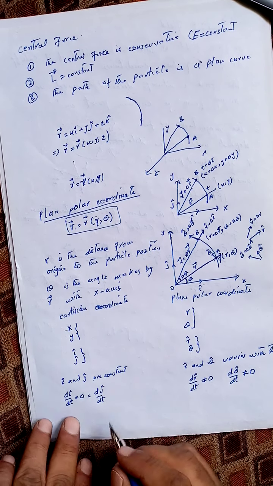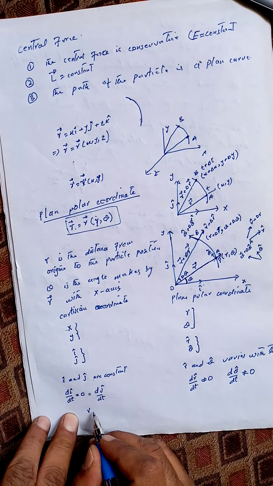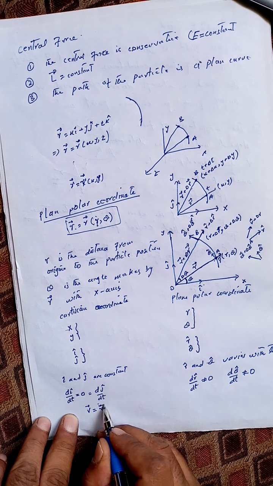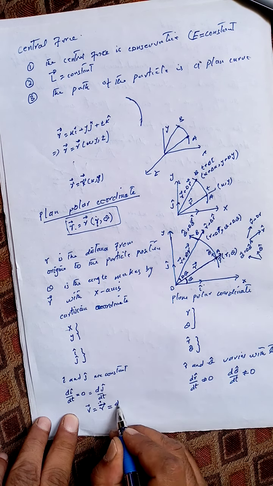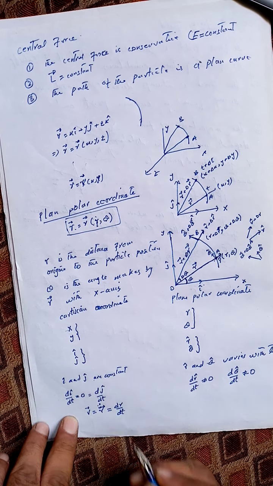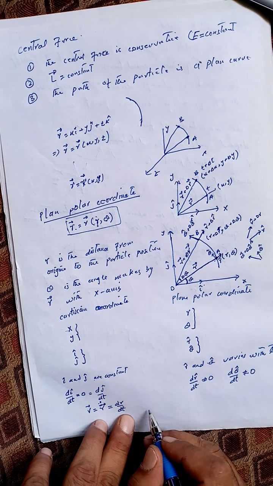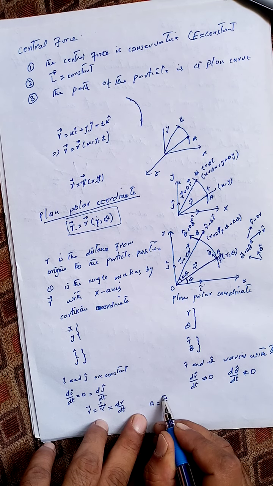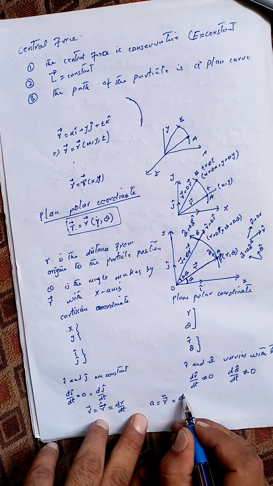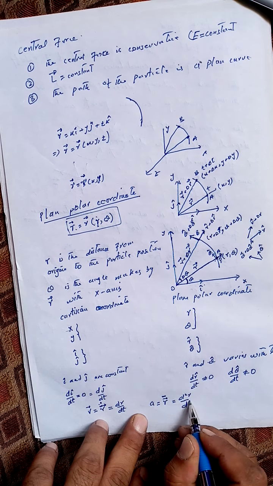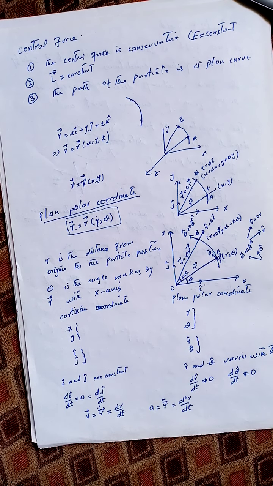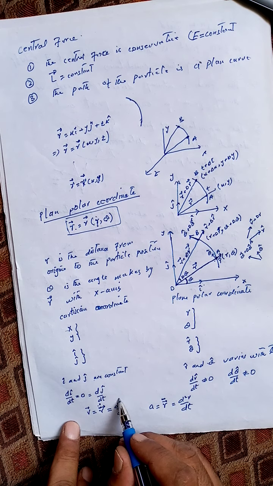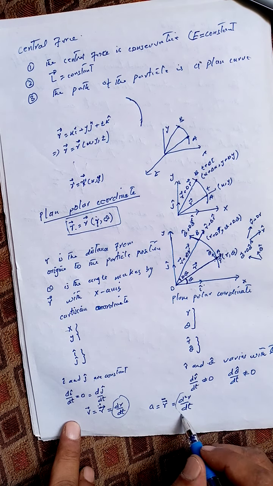Now, if we calculate the velocity, which we represent by r dot, it is equal to dr over dt. If we calculate the acceleration, which is represented by r double dot, it is equal to d square r over dt square. Then in the Cartesian coordinate system, we have a simple relation, which is dr over dt and d square r over dt square.